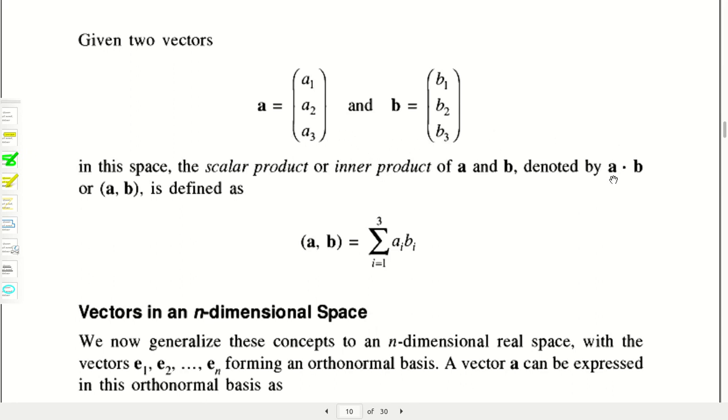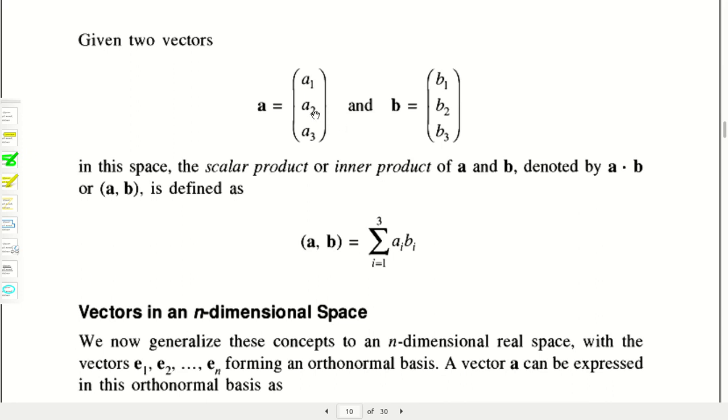How will you get this from matrices? A dot b means you should multiply A transpose to B, or B transpose to A. That means this column will be represented by a row matrix.